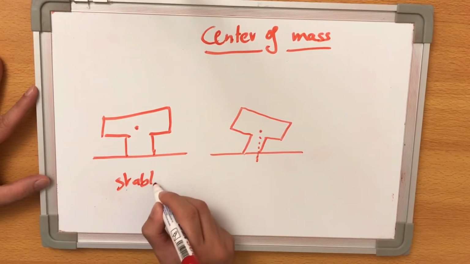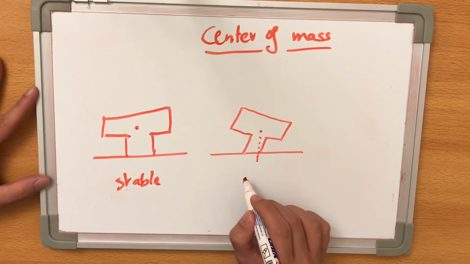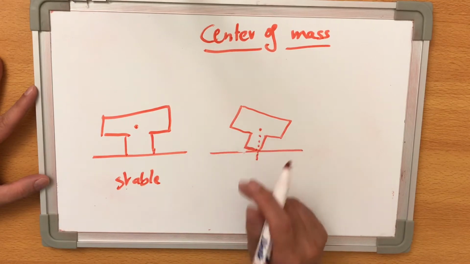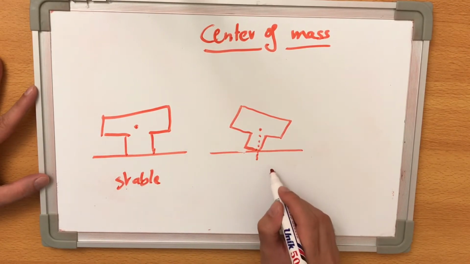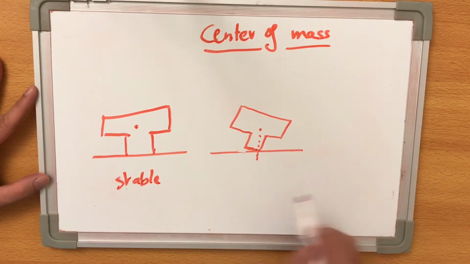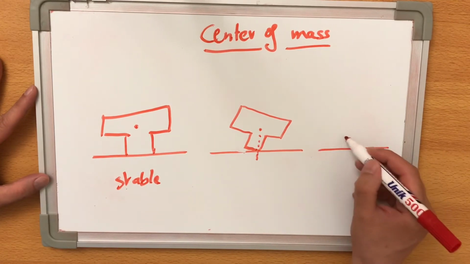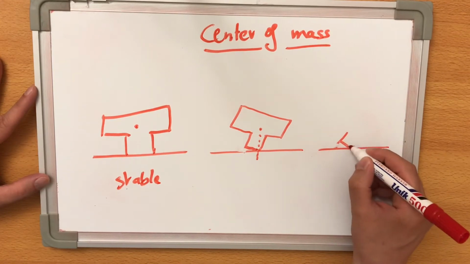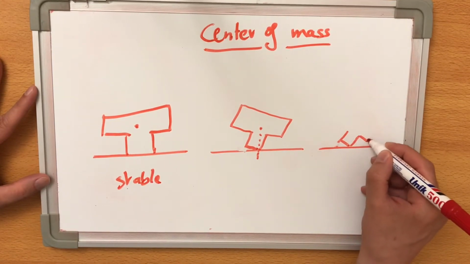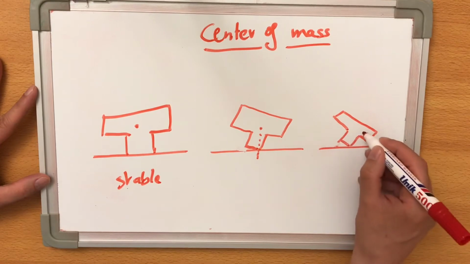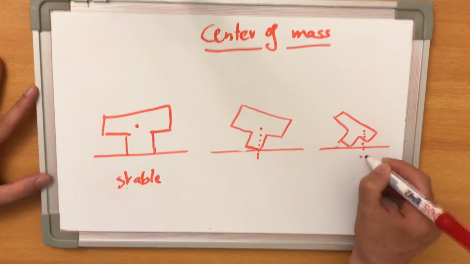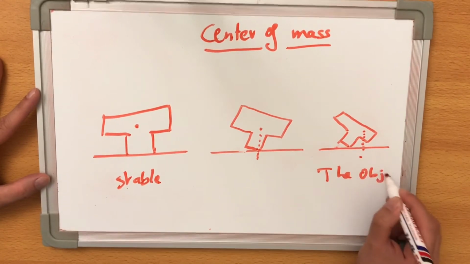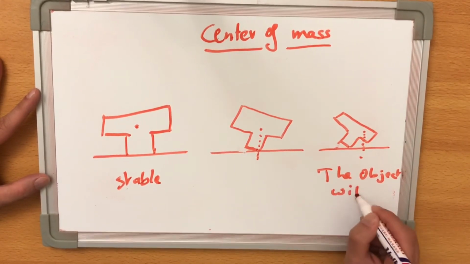Stable. This position, still it will go back to the original position by a force of moment. But once the object comes to a position where the center of mass is not over the base, this object will topple.